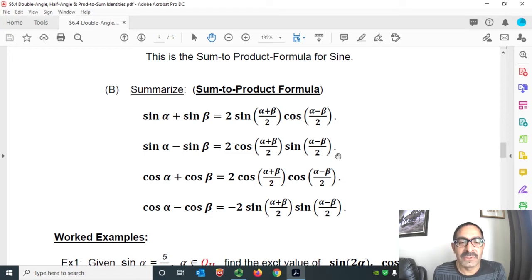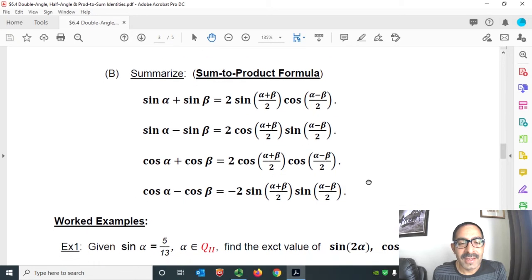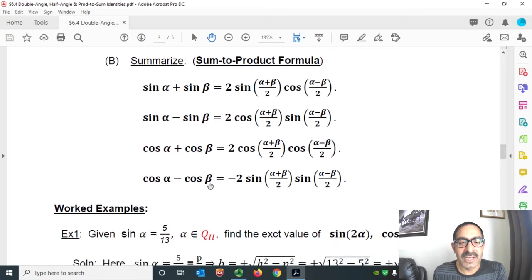Now similarly, cosine alpha plus cosine beta turns out to be 2 times cosine of (alpha plus beta) over 2 times cosine of (alpha minus beta) over 2. And cosine alpha minus cosine beta turns out to be minus 2 times sine of (alpha plus beta) over 2 times sine of (alpha minus beta) over 2. So the left side is in the sum or difference form, and the right side is in the product form.